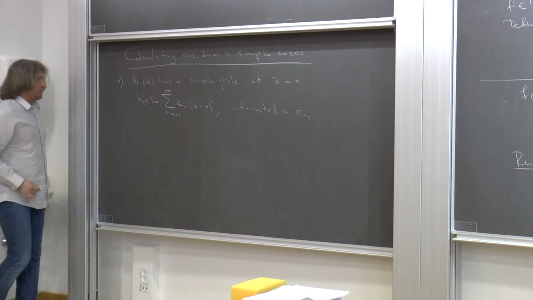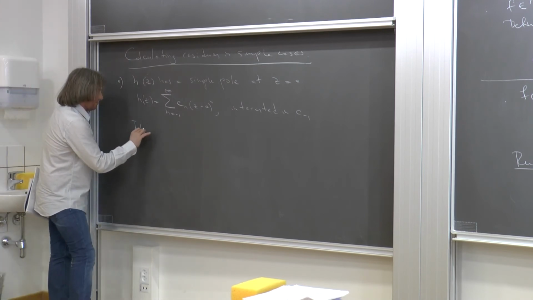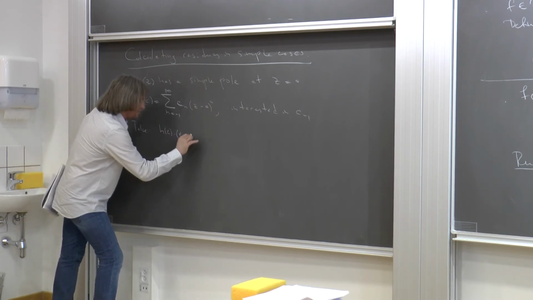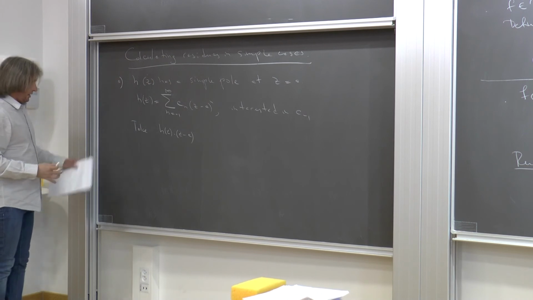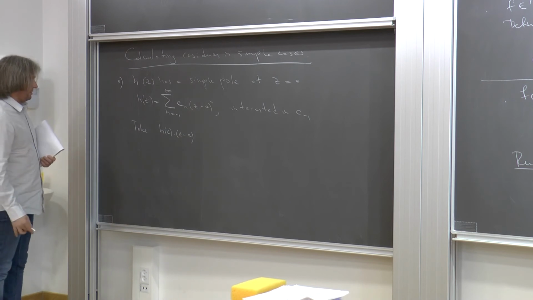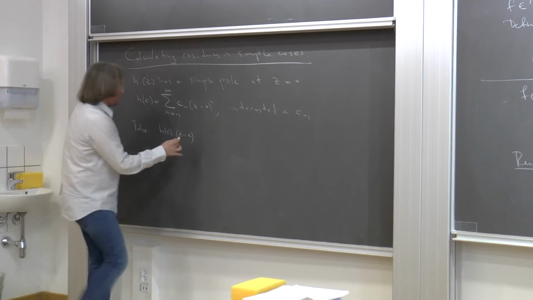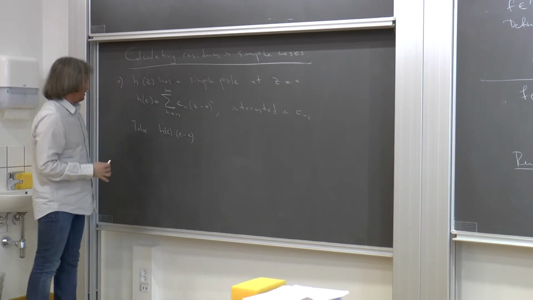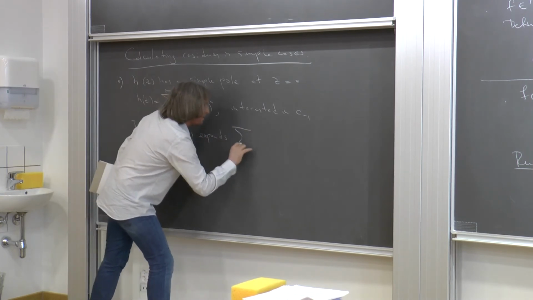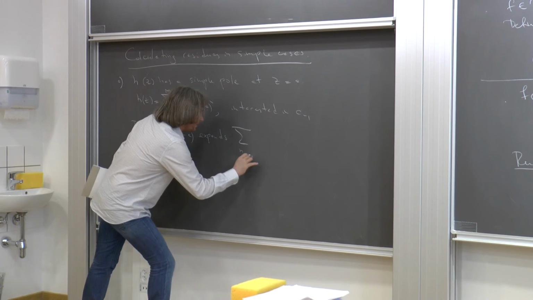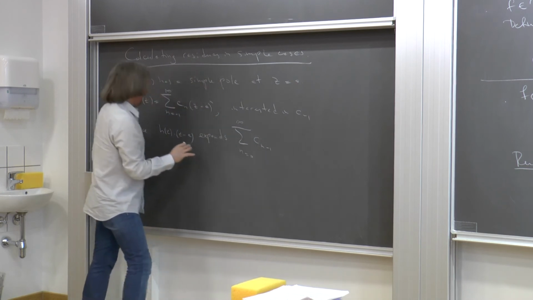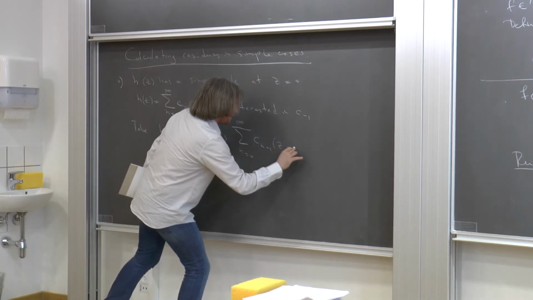So how to get c_{-1} from this? We take the function h of z times (z minus a). This has a removable singularity, so it's expanded as the sum from n equals 0 to infinity of c_{n-1} times (z minus a) to the n.